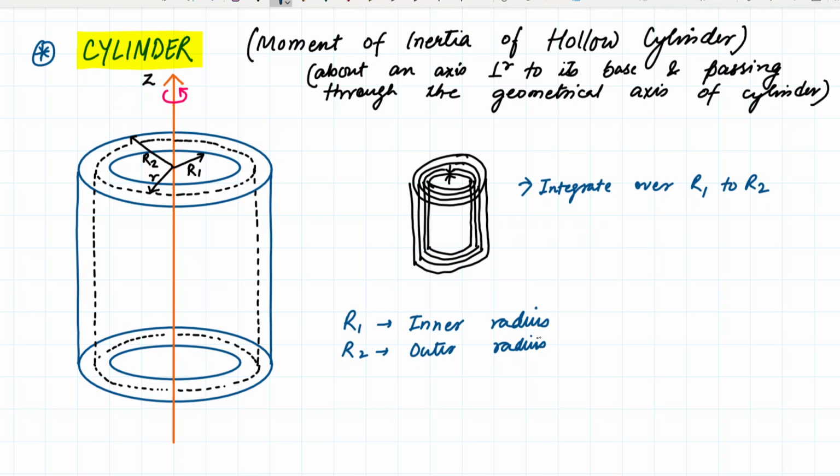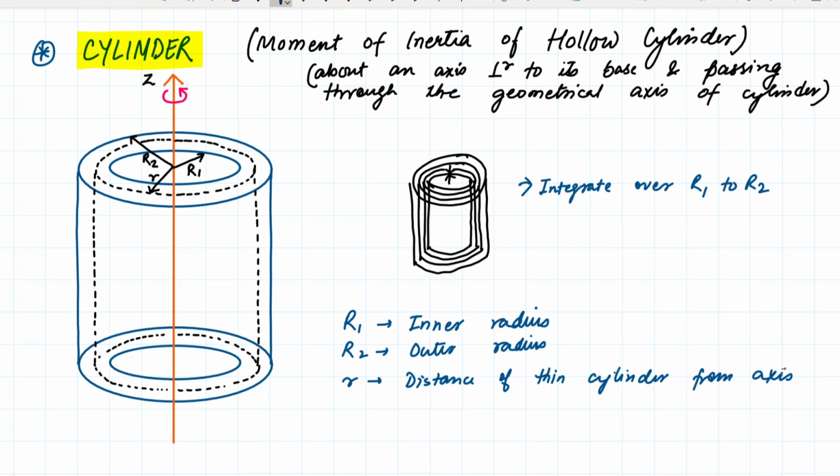And r is the distance of the thin cylinder from the axis.